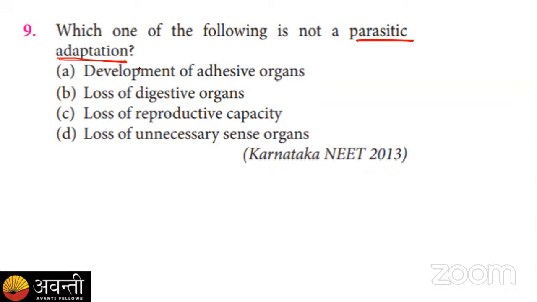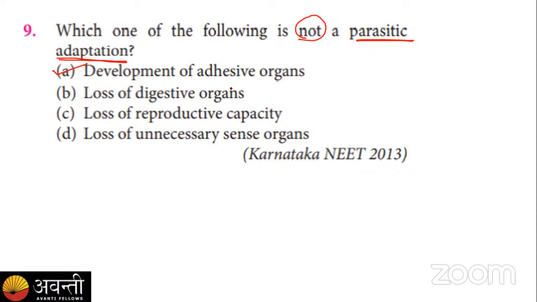As option A says, the development of adhesive organ. This is required because the organism is a parasite. So it has to stick, it has to remain stuck to the body of the host. So there is a requirement of an adhesive organ. So it is correct, but we have to find out the incorrect statement, right? Next option says the loss of digestive organ.